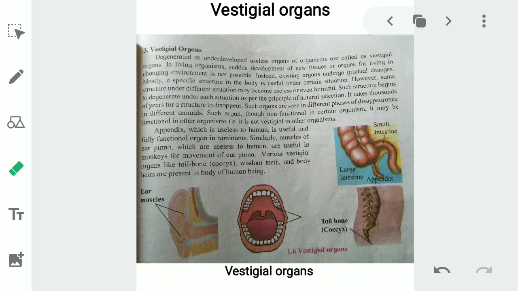So hair is also a vestigial organ in our body. So this was all about vestigial organs, which are evidence that we have evolved from certain animals. We have shed thick hair, but we have small quantities of hair that grow on our body. That is also proof that we have evolved from monkeys.